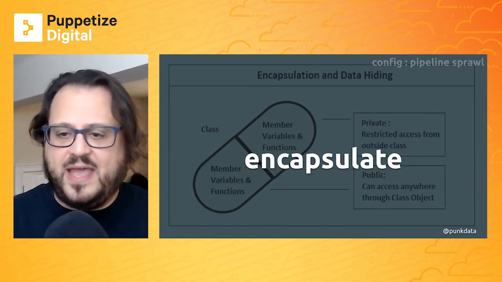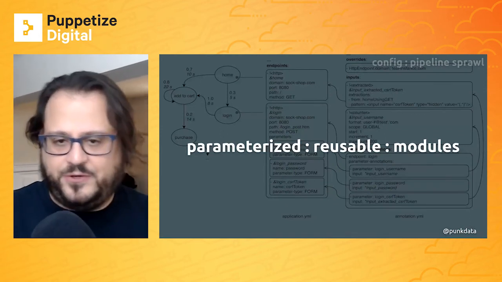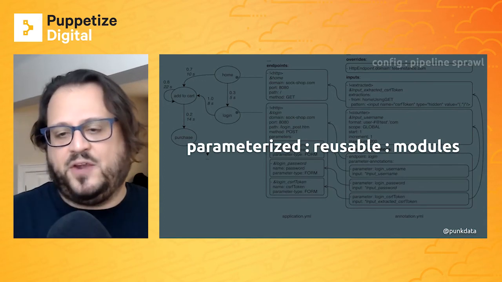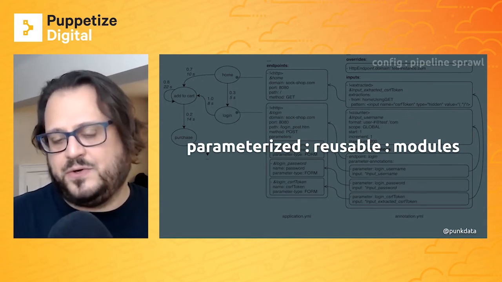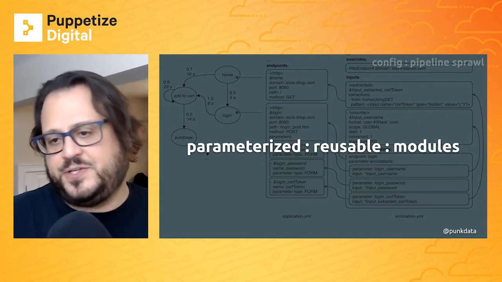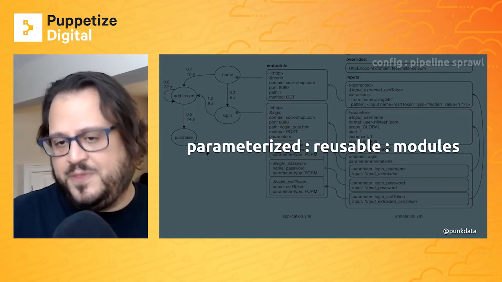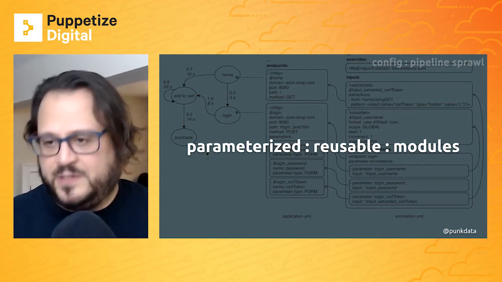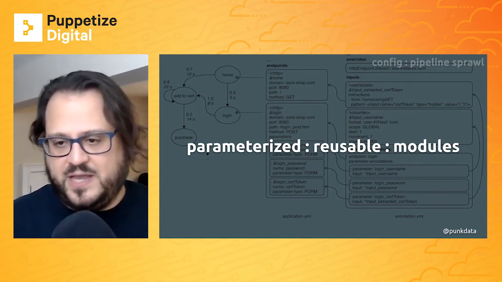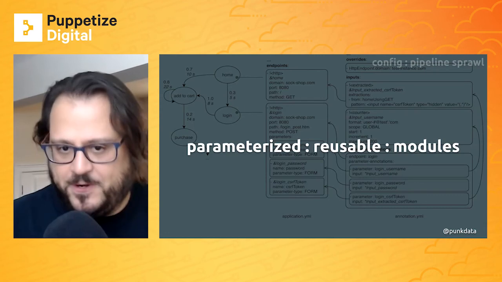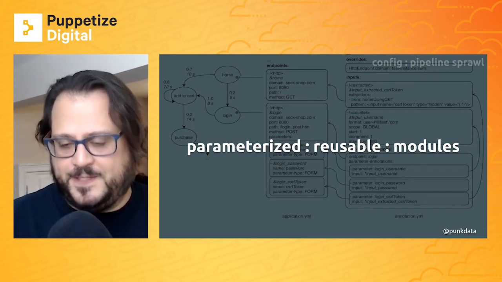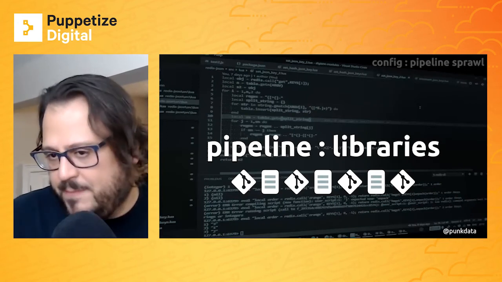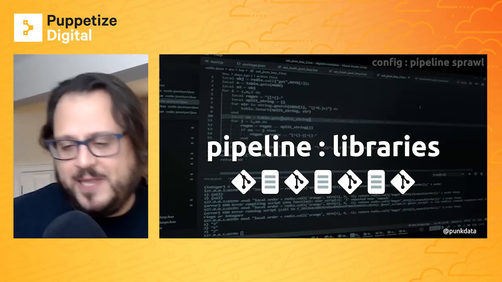And once you have that, you can isolate that functionality, and then create parameterized values or variables for certain values within that functionality. And that creates that reusable modular effect that you're looking for to keep your code succinct, keep it centralized. And what I'm proposing here is that you build pipeline libraries, right?